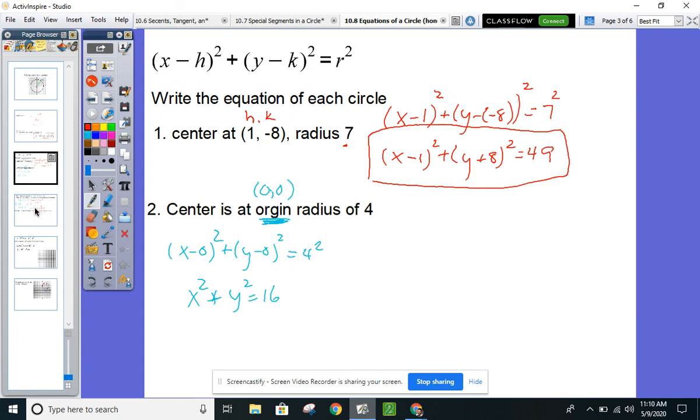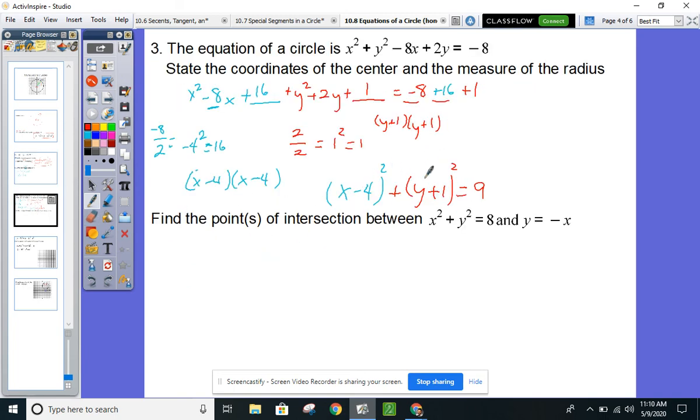So that means from here we can take our center. Our center is negative 4, 1. Remember, it's always going to be opposite. Because the equation should look like this: x minus h squared plus y minus k squared equals r squared. So since it's negative, that means the value of your h is positive in this case.